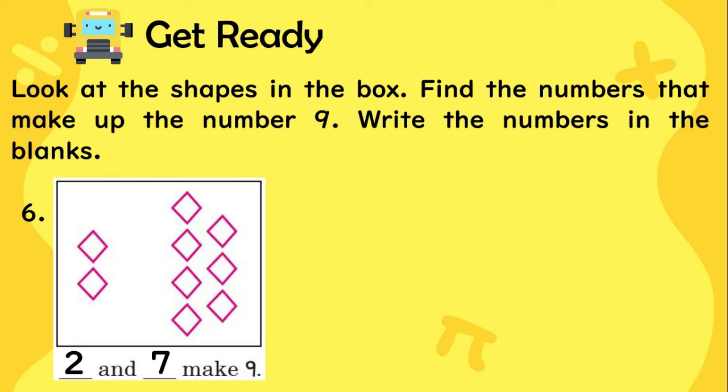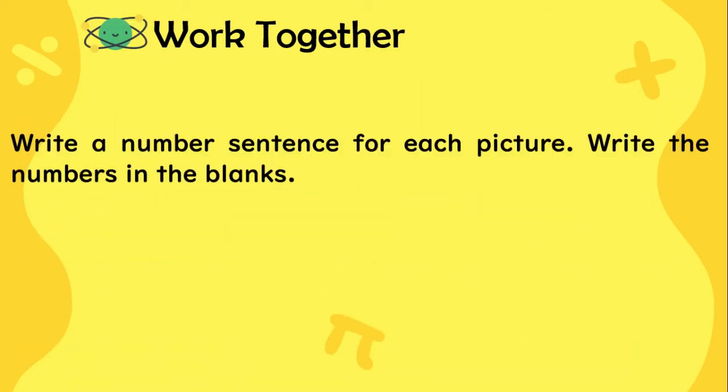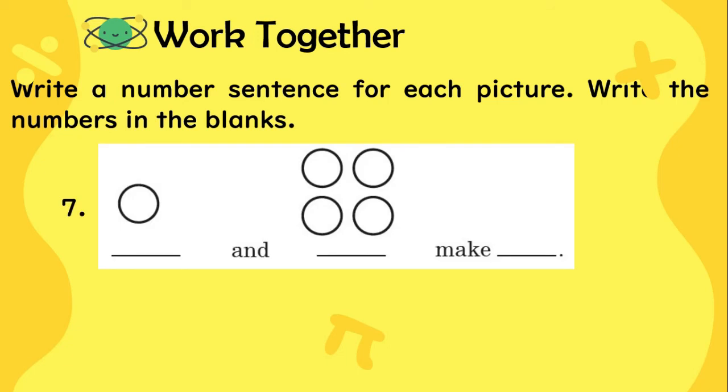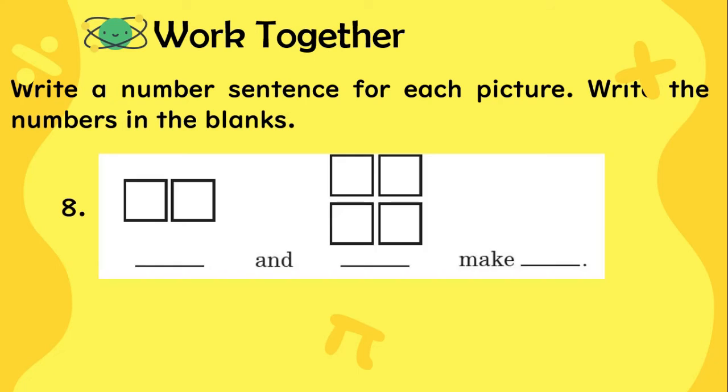Okay, so let's proceed to page 44 of your book. Write the number sentence for each picture. Write the numbers in the blank. So for number 7, we have first set, we have 1 circle, and the second set has 4 circles. So 1 and 4 makes 5. Very good. Number 8. First set, we have 2 squares, and the second set has 4 squares. So 2 and 4 makes 6. Very good.